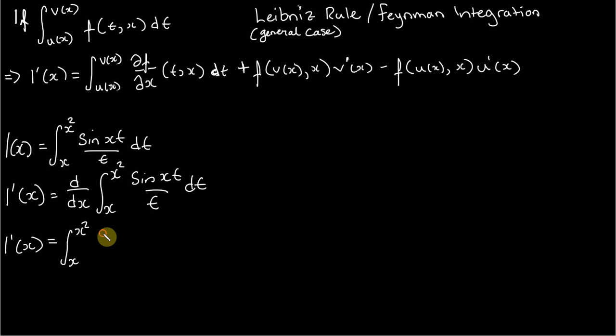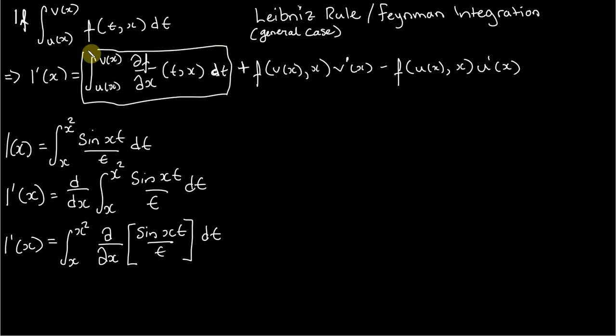Now we've got a partial with respect to x of our f(x, t), which is sin(xt) over t, and we're still integrating with respect to t. We can now fill in all of this here. Look what we've got here, that's exactly what we've got here. So we've done the first part, and now we just have to fill in the rest.